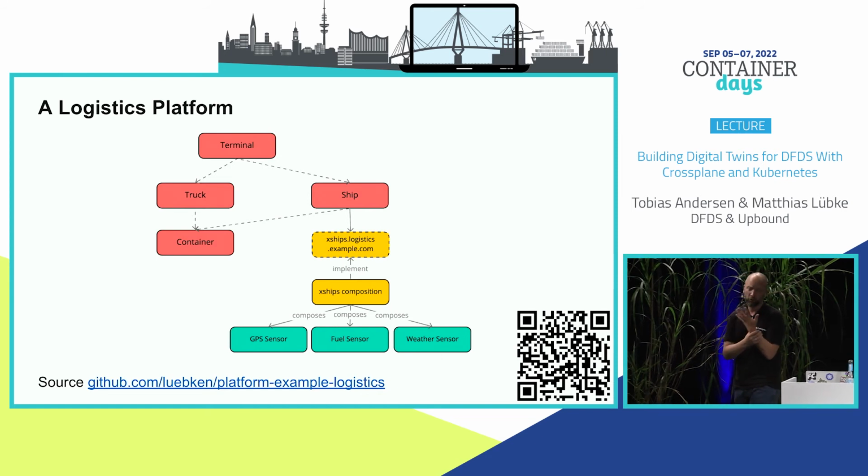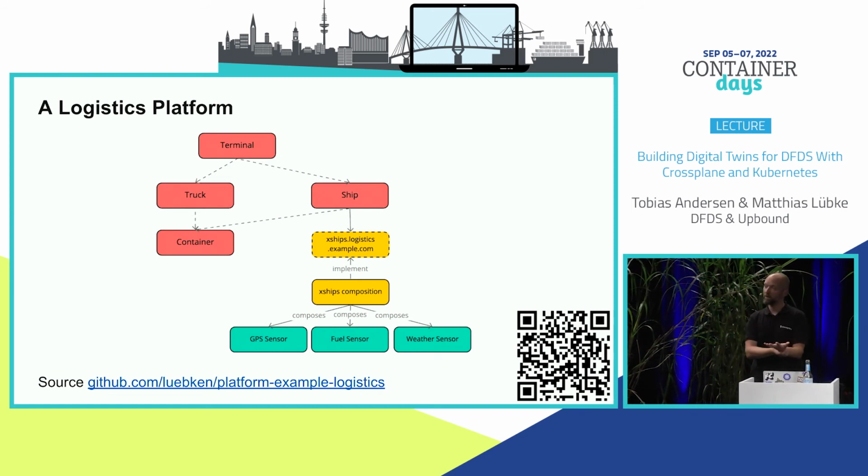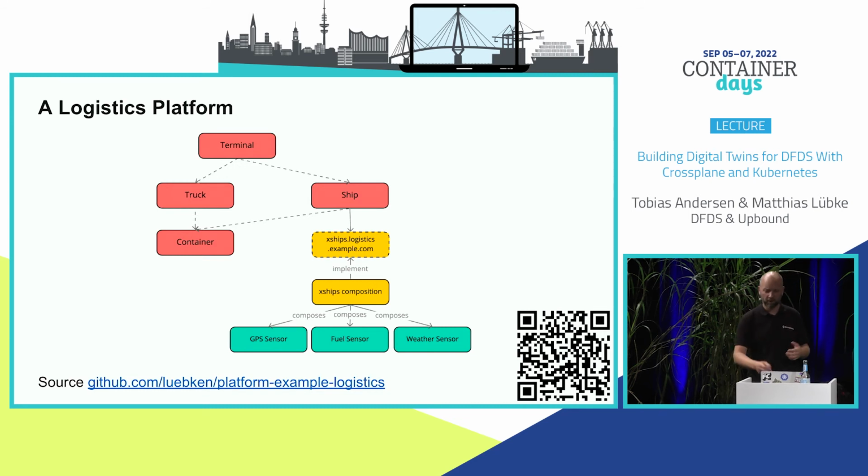And that's where Crossplane compositions come into play. So a Crossplane composition basically tells, okay, a ship is, and in this case, a set of IoT sensors, right? A set of sensors that know something. And they can be different. They can be about GPS devices or other things. They basically combine these.